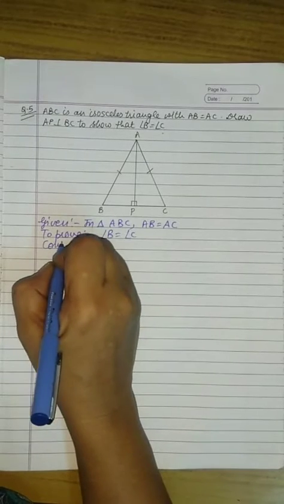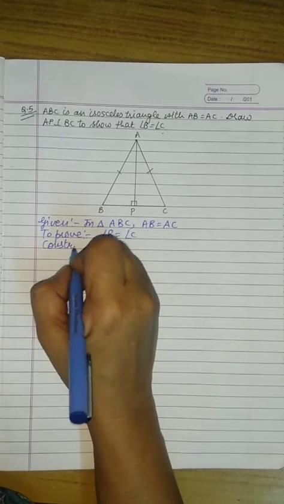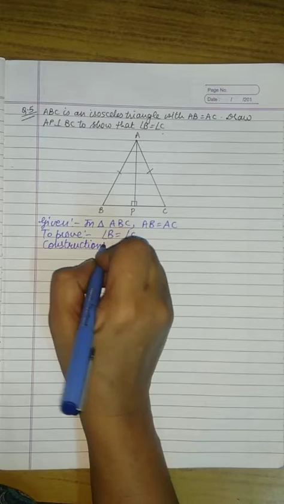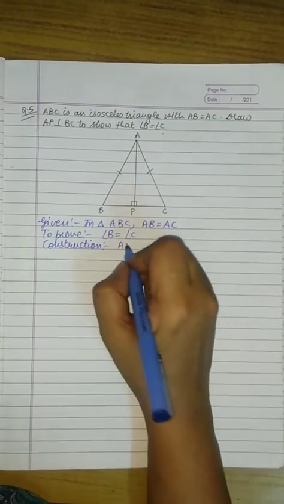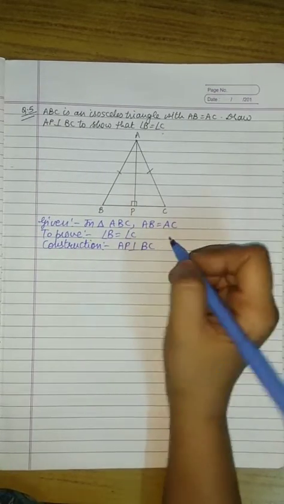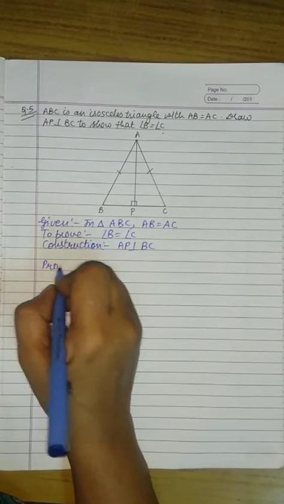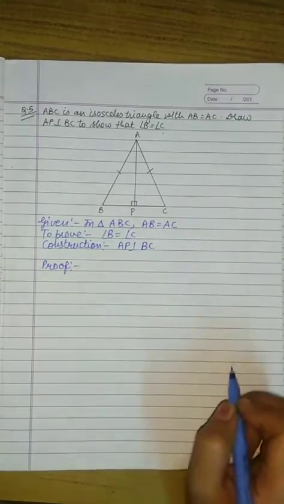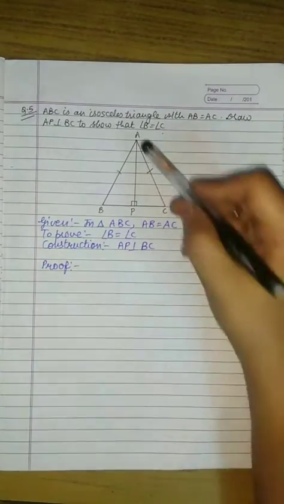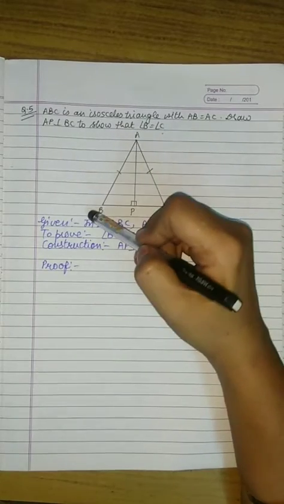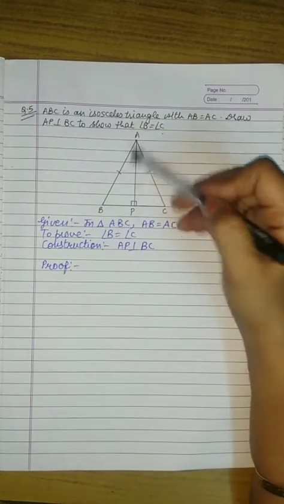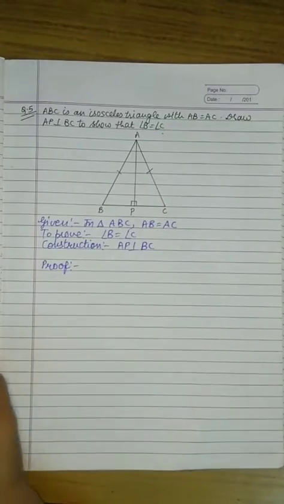Now we will do the construction, but we have to draw AP perpendicular on BC. Now how we are going to prove it? We will take these two triangles. One is triangle APB and the second is triangle APC.